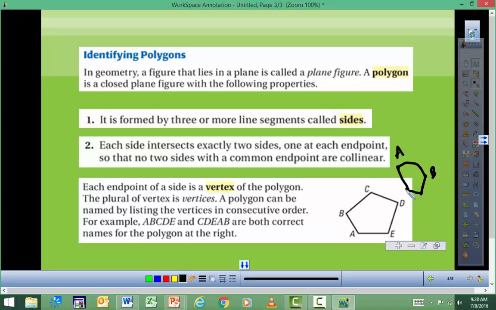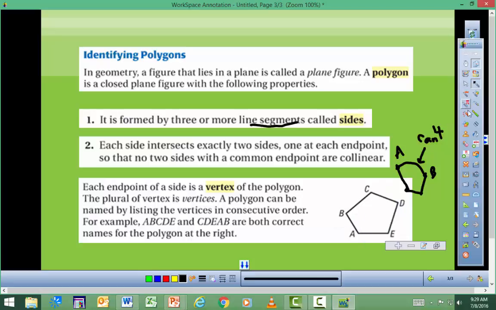We can't have this scenario right here because that's not a line segment. You see, line segments are straight. So you can't have this. You can't have that. Okay, so first of all, you should notice they're always straight.